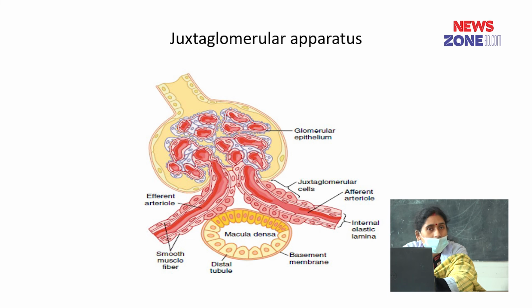If the amount of sodium chloride is less in the distal tubule, then it sends a sensation to the juxtaglomerular cell to secrete renin, and renin converts angiotensinogen into angiotensin 1, then angiotensin 1 is converted to angiotensin 2, and this angiotensin 2 ultimately acts on the kidney to secrete aldosterone, and aldosterone helps in sodium water reabsorption. Angiotensin 2 also causes efferent arteriolar constriction.